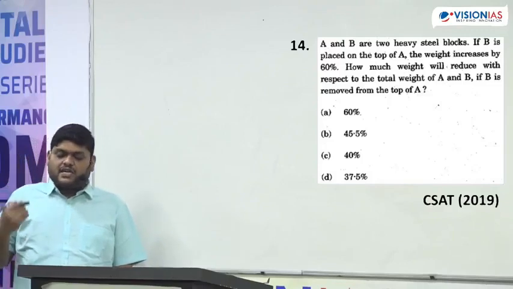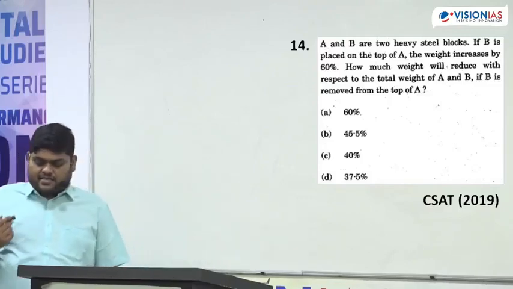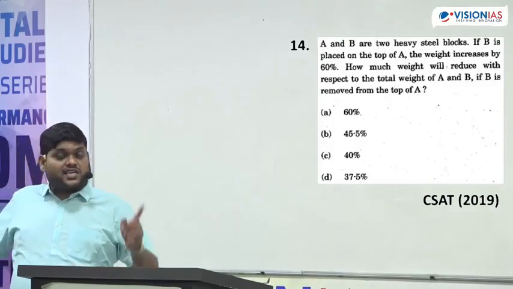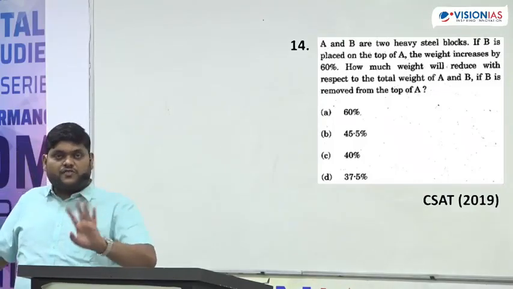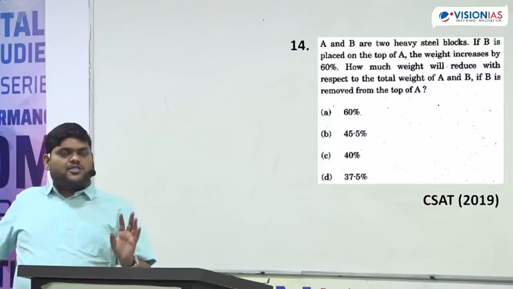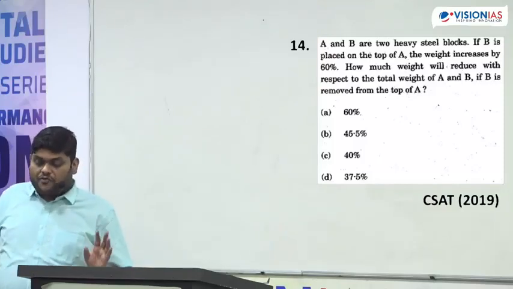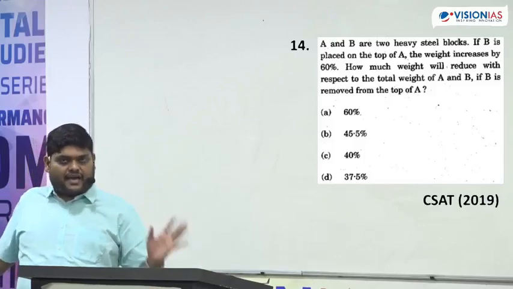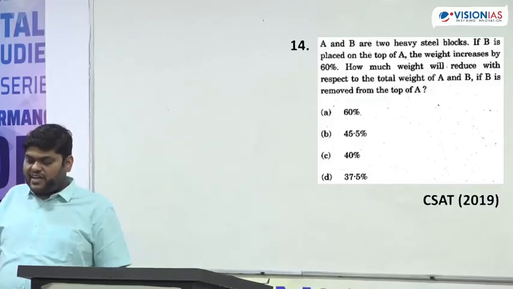Language, you require some kind of practice. What is the question? How much weight will be reduced with respect to total weight, not with respect to A or B, with respect to total weight of A and B, if B is removed from the top of A? Try this question.